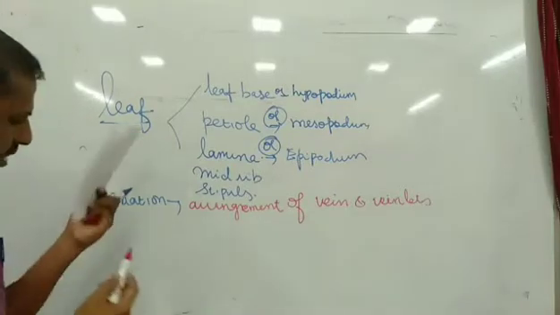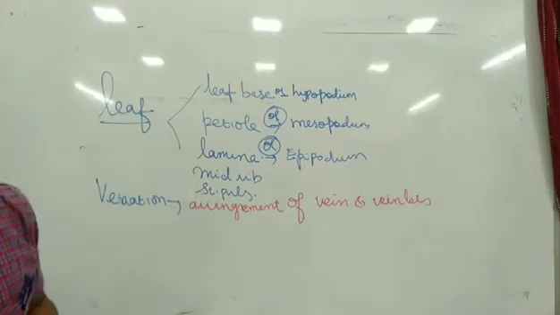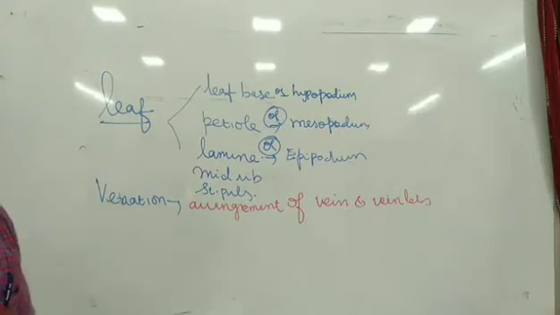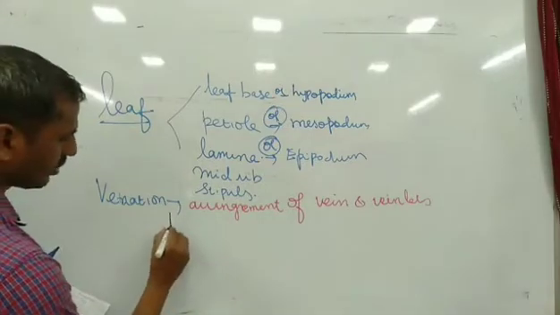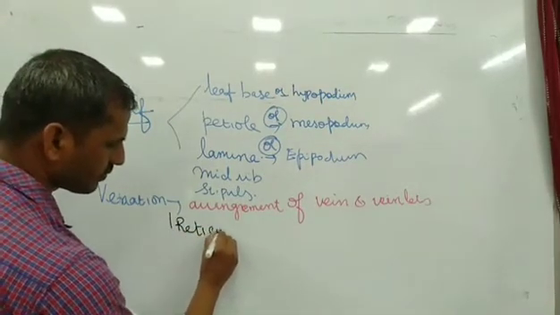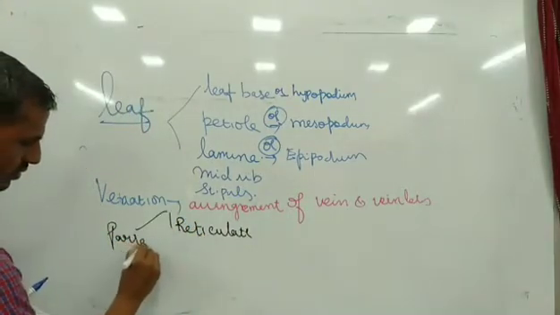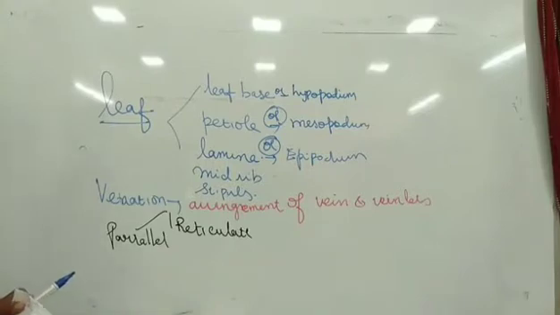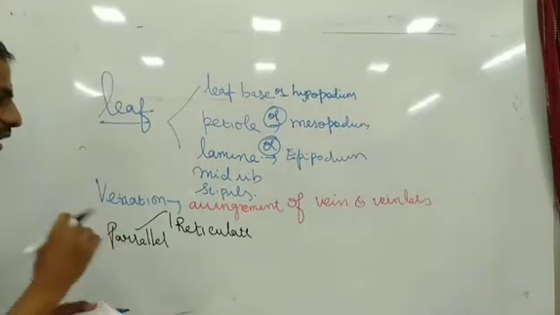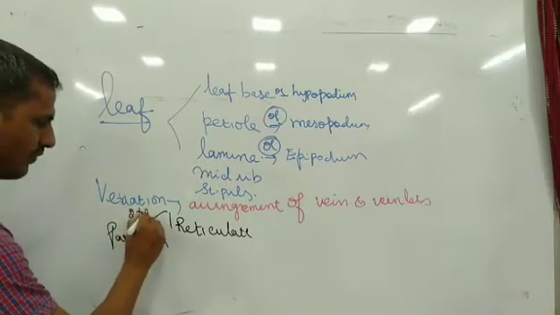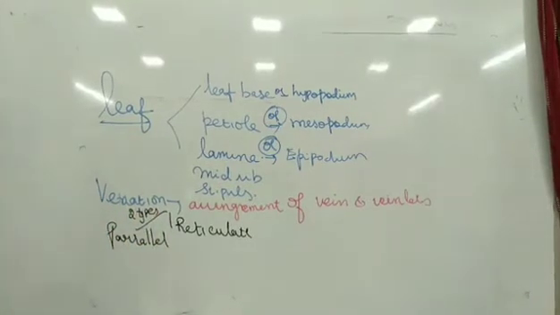Venation is normally of two types: reticulate venation and parallel venation. Two types of arrangement of veins and veinlets in the leaf.